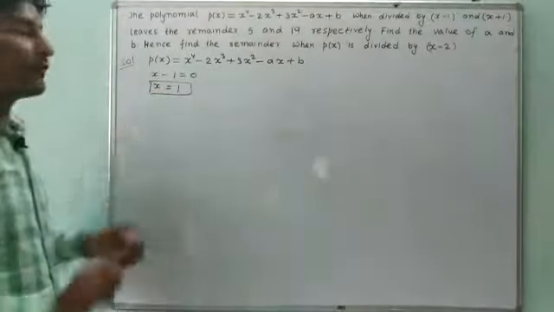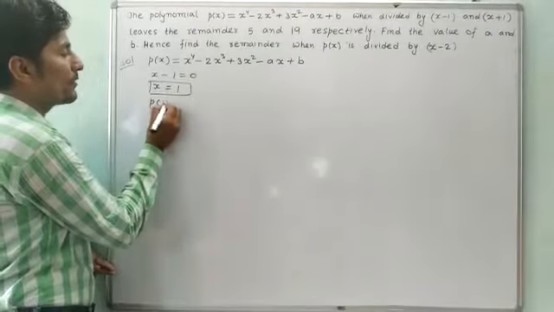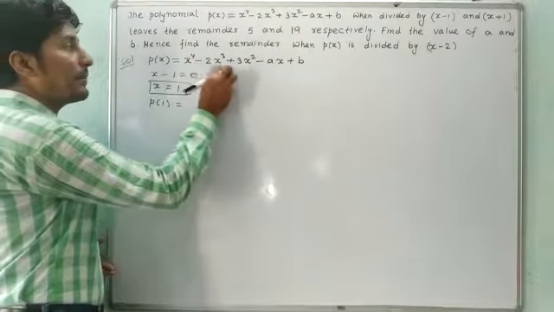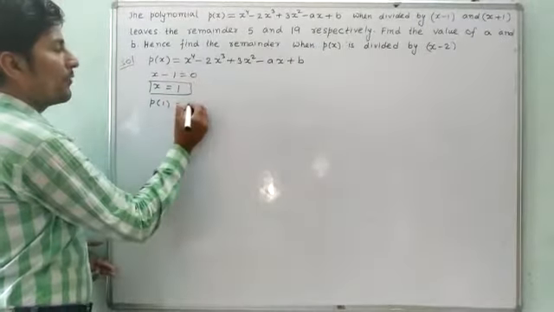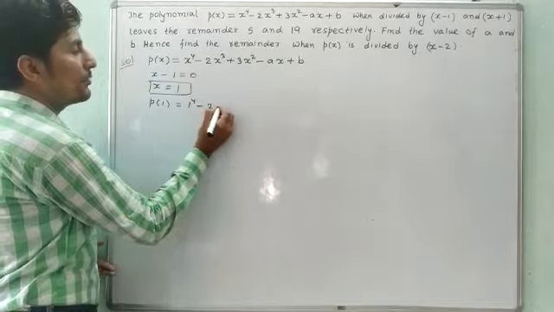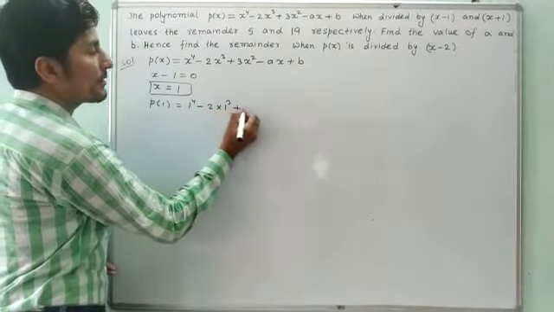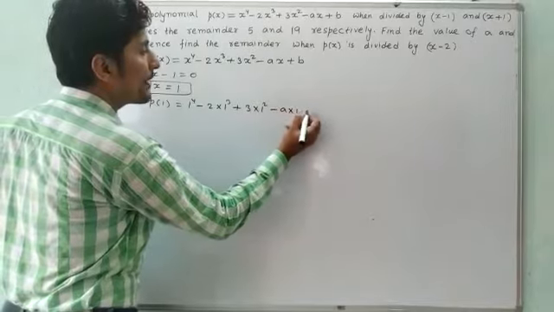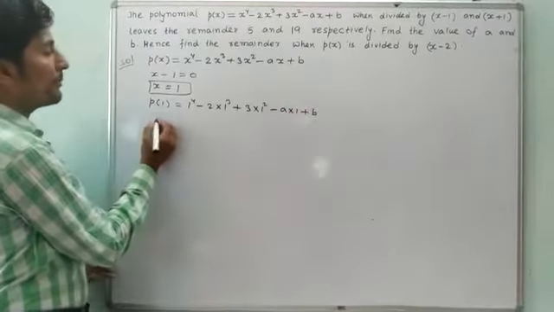So first of all we have to find the value of p(1). p(1) will be equal to, now we have to put the value x = 1 in all the places of x: 1⁴ − 2 × 1³ + 3 × 1² − a × 1 + b. Now here we can put 5.